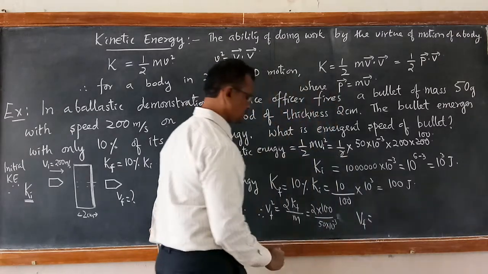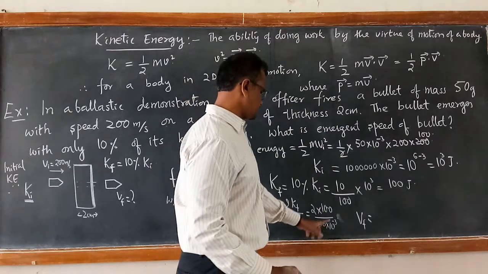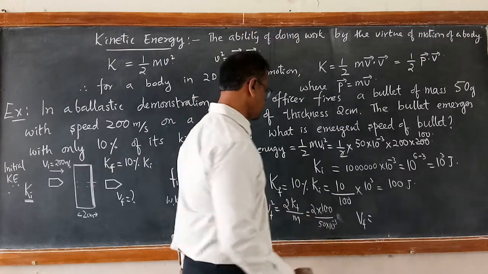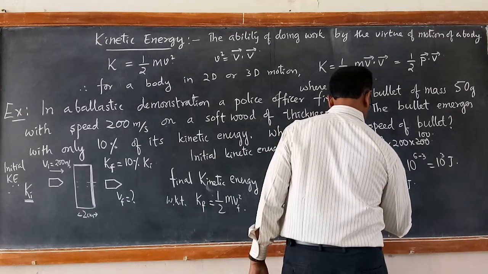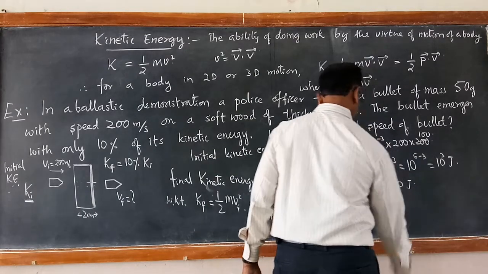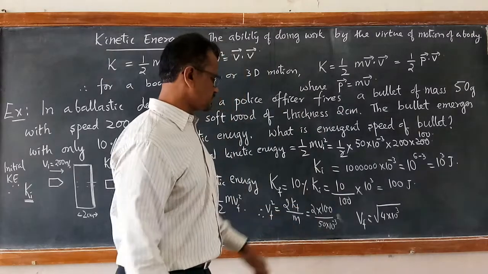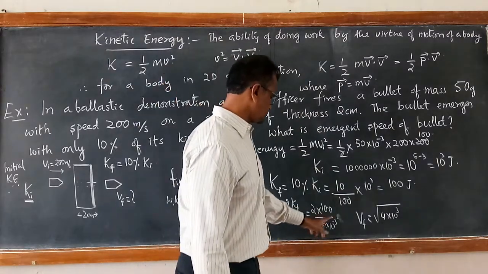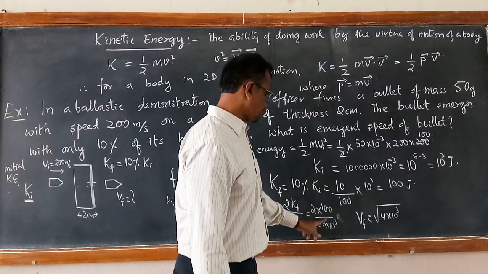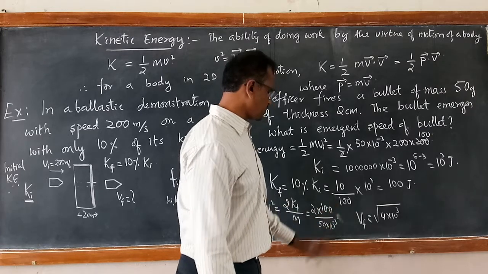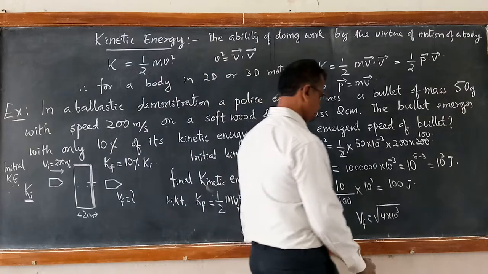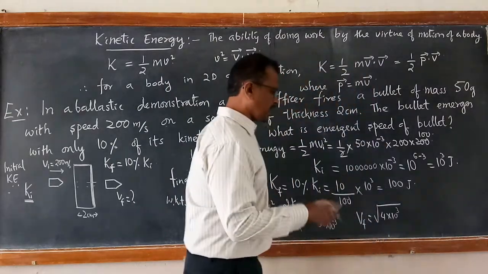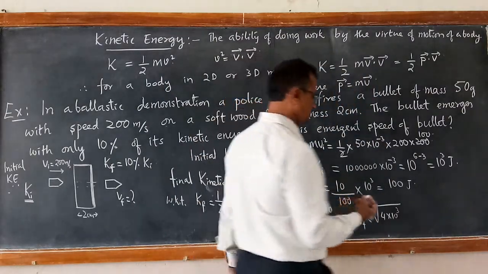If you cancel the zeros, it becomes 4 into 10 raised to 3 under root, that is 400 into 10 under root.